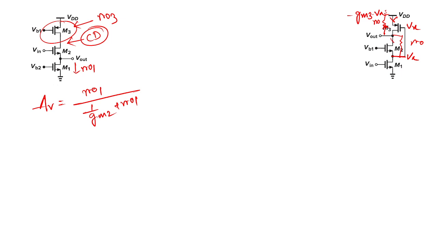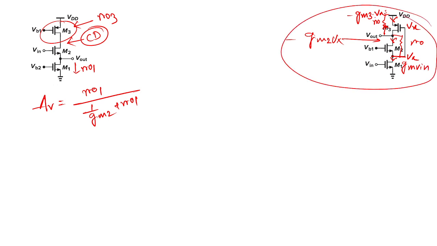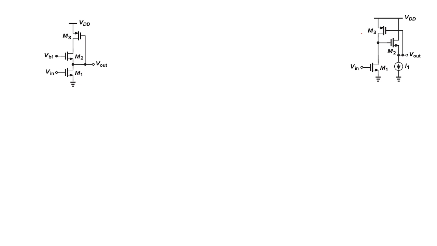So for GM, some current like minus GM2 into Vx, and here the current will be GM Vin. So you can easily solve multiple KCL equations and get the result. Okay, this is another problem.